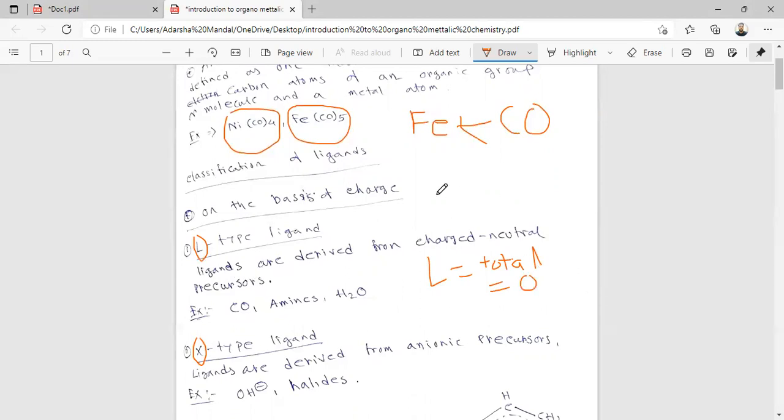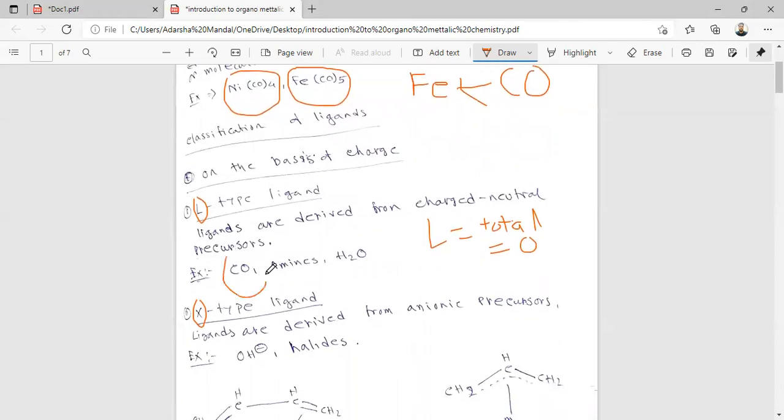Examples of L-type ligands are the CO molecule, amines, and the water molecule. In these three molecules, there is no positive or negative charge. They are neutral species, so they are named L-type ligands.